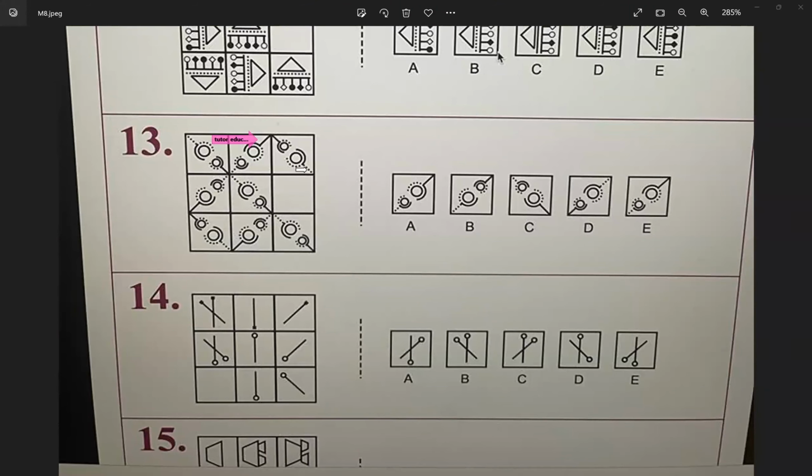Dashed, solid, dashed, dashed, sorry, solid, dashed, then solid. Okay, let's do one thing. Let me tell you another thing here. Take a look at this one and this one. Do you see any relation between these two?